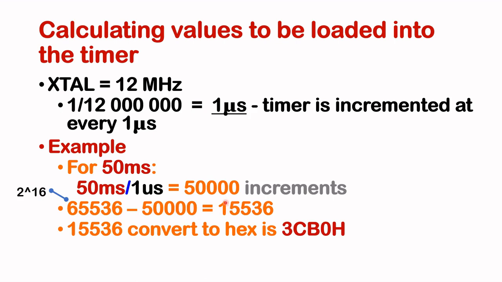That will give me 15536 in decimal. So these are all decimal numbers. So we need to convert 15536 decimal to the hex value, and that would give us 3CB0 in hexa. I hope that is clear and helpful.